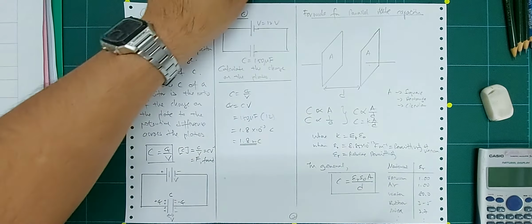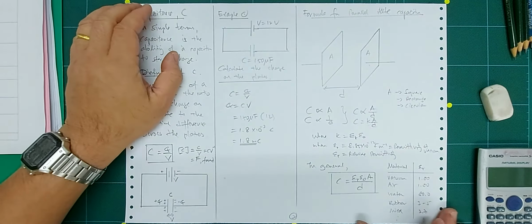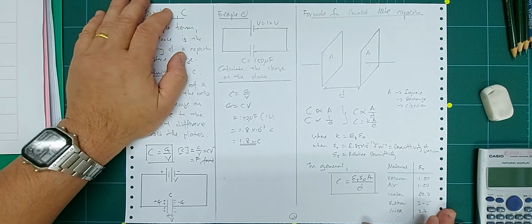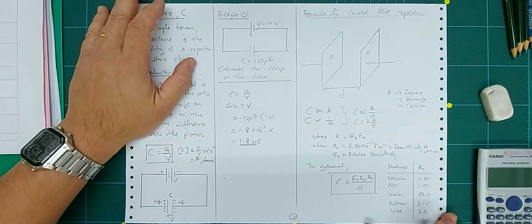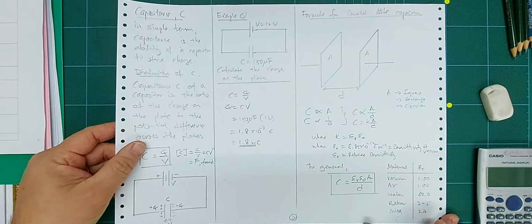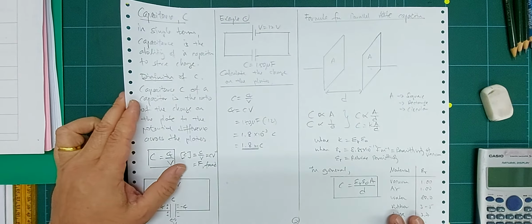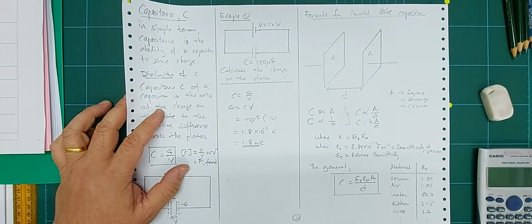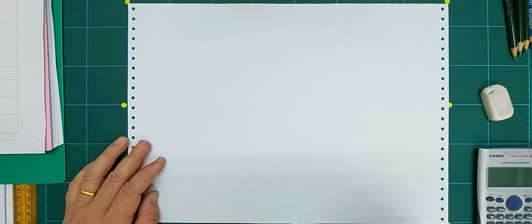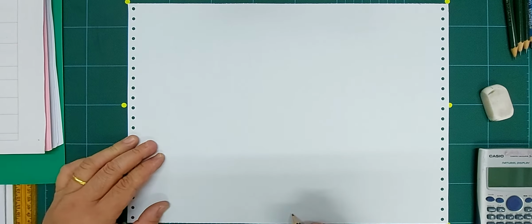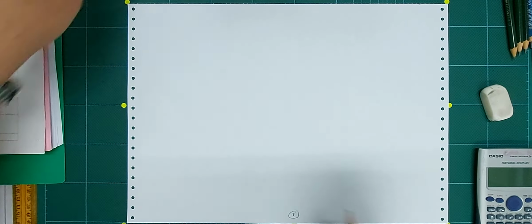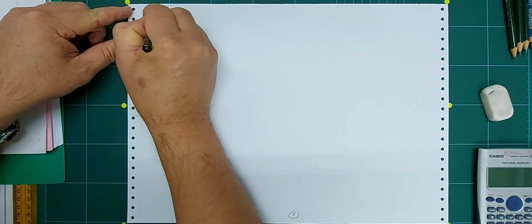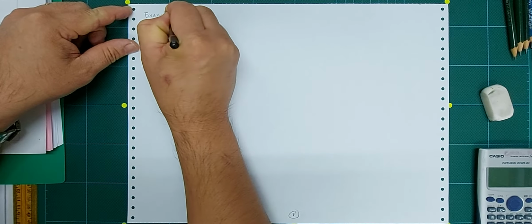All right, so that is the formula for our parallel plate capacitor. The next one is an example on how to use this equation. Our page number 3, example on how to use the parallel plate capacitor formula.